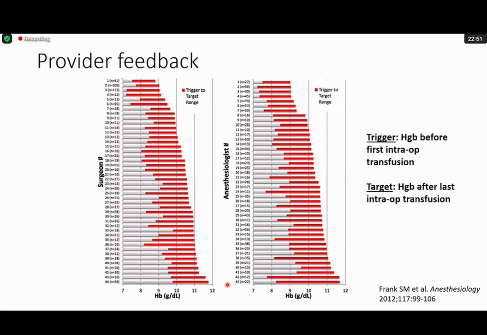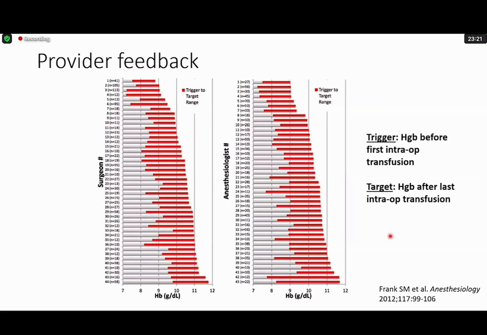This is nice, and for the purposes of the publication, they de-identified all the providers. But in reality, Steve Frank, who did this, explained to me that they did not de-identify at the hospital, and they instead put all of these names in the bathroom stalls in the physician restrooms, so that the surgeons could compare to one another.